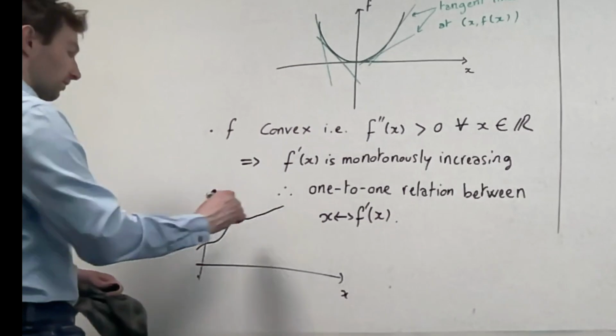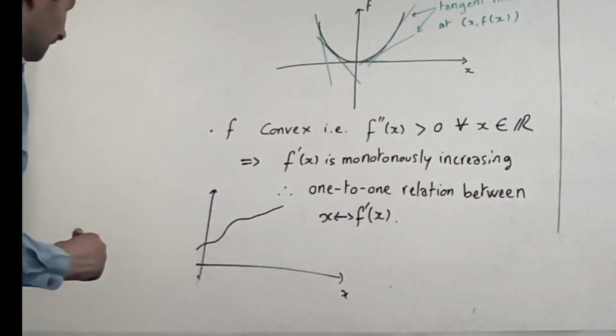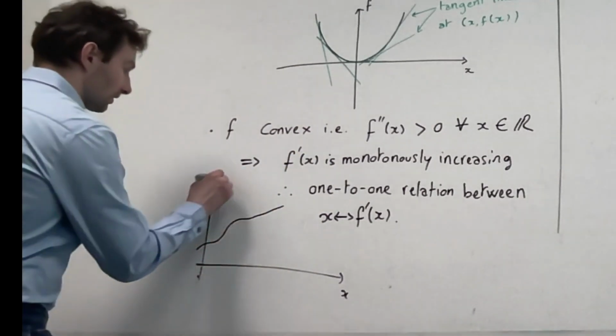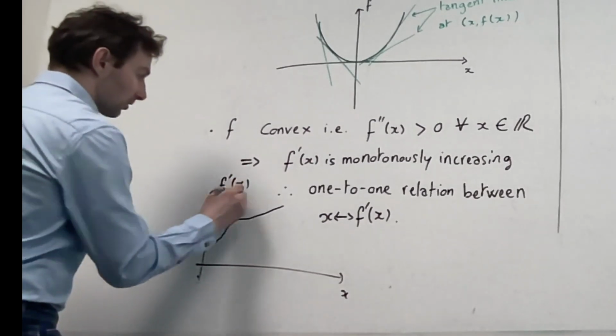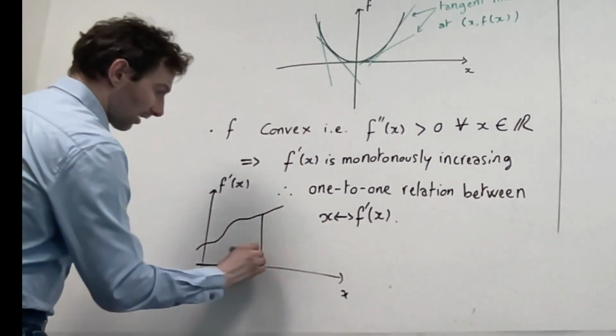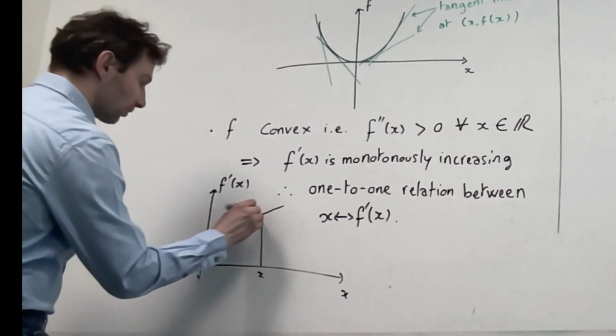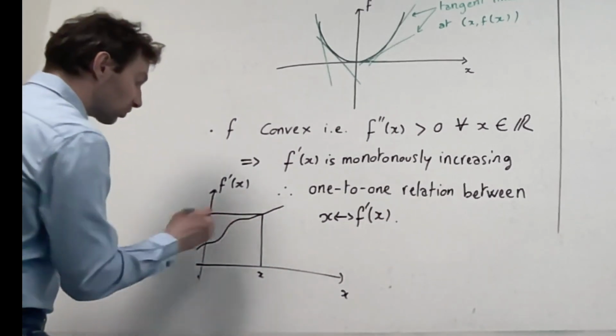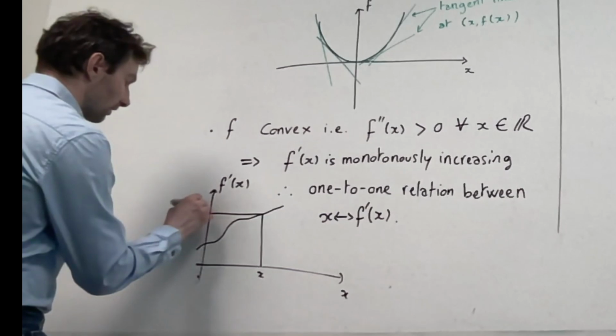So it's always increasing, even if it's wobbling about. So this is f prime of x, and what that means is that for any x here, you can have a corresponding increasing f prime of x.